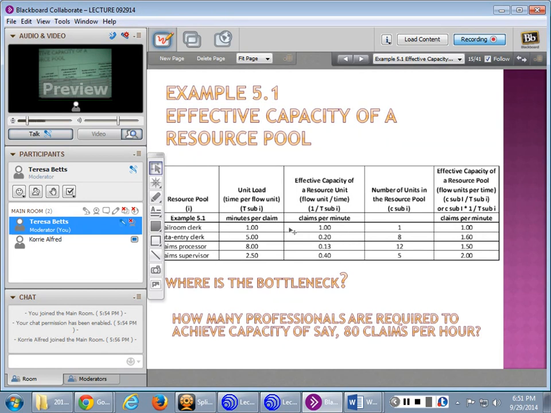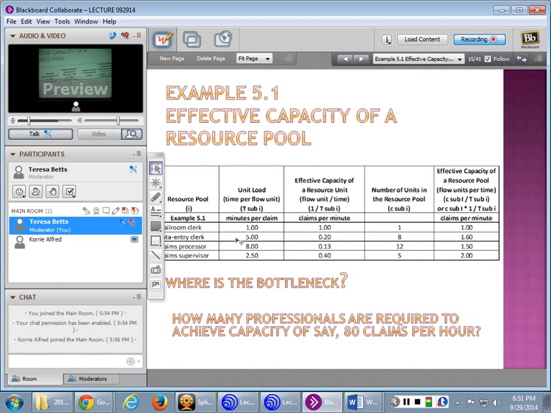And so you'd need an extra third of a mail clerk. Okay, 0.20 times 1.33. What's that? 1.33 times 0.20?